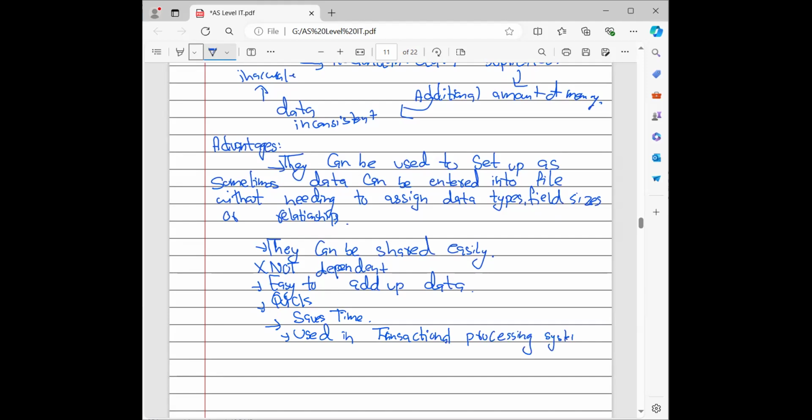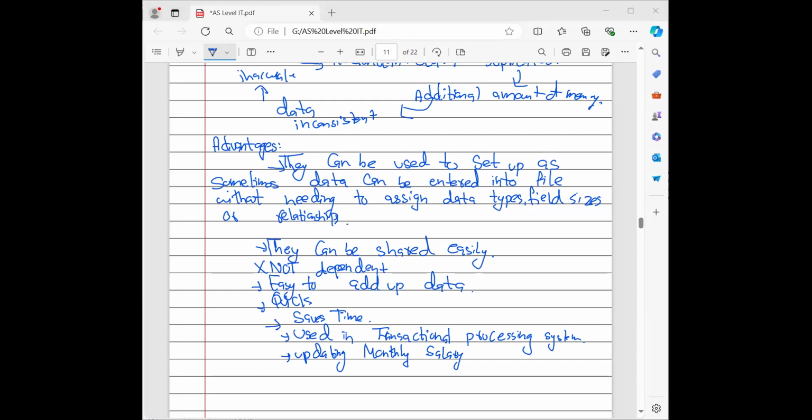A flat file transactional processing system is like your banking transactions. For example, processing monthly salary, monthly payments, or updating the master file as well.